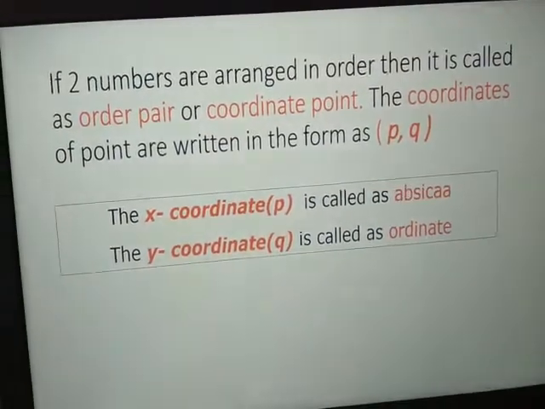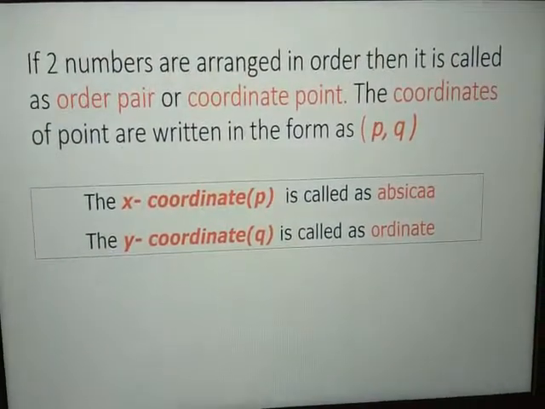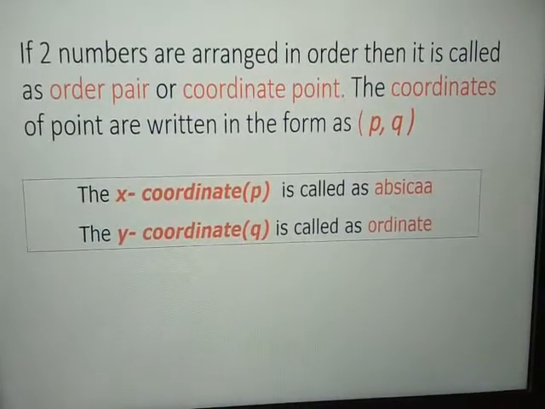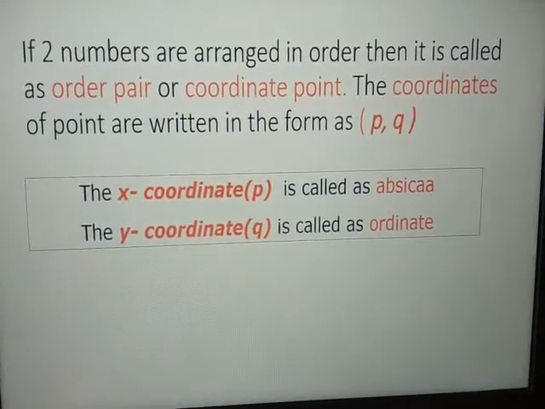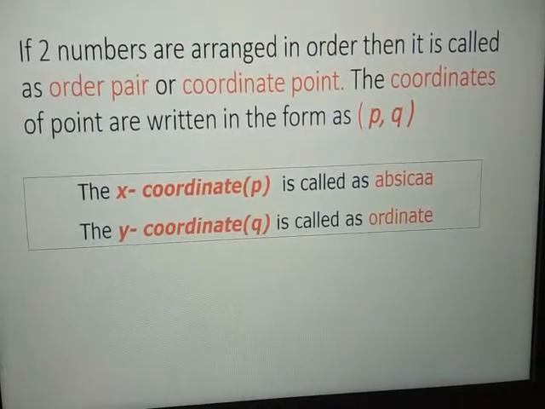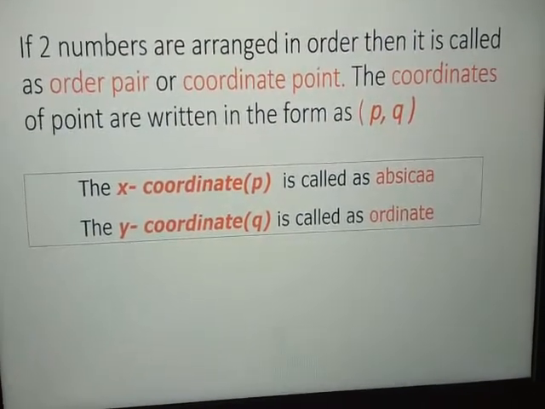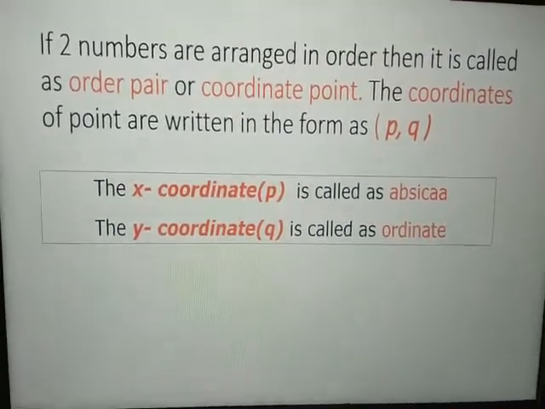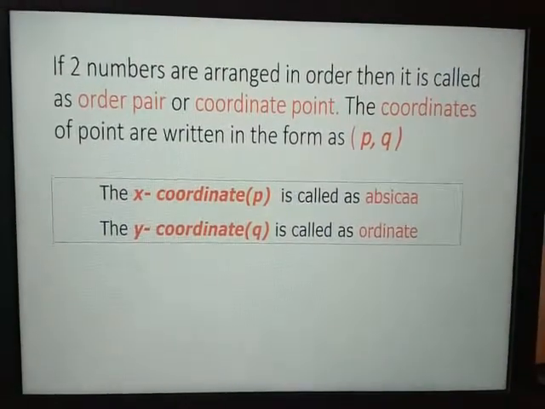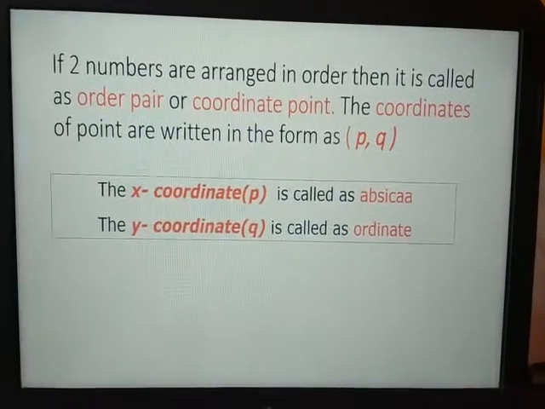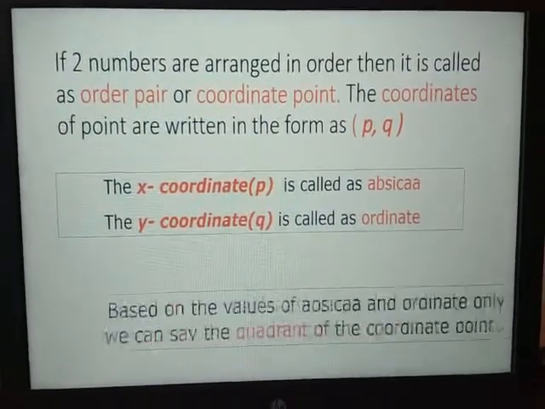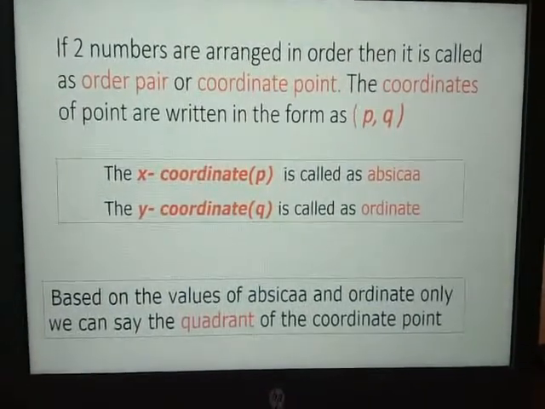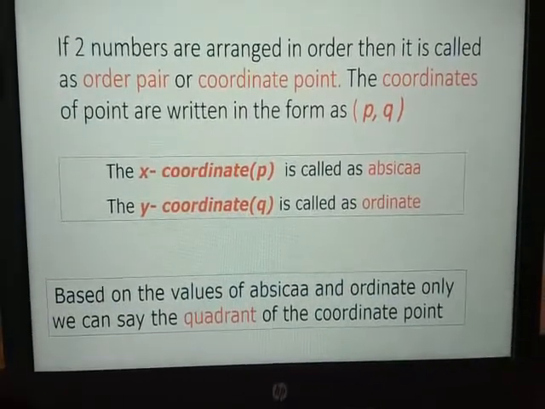In the point written in the form (p, q), p is the x coordinate, which is also called the abscissa, and q is the y coordinate, which is also called the ordinate.